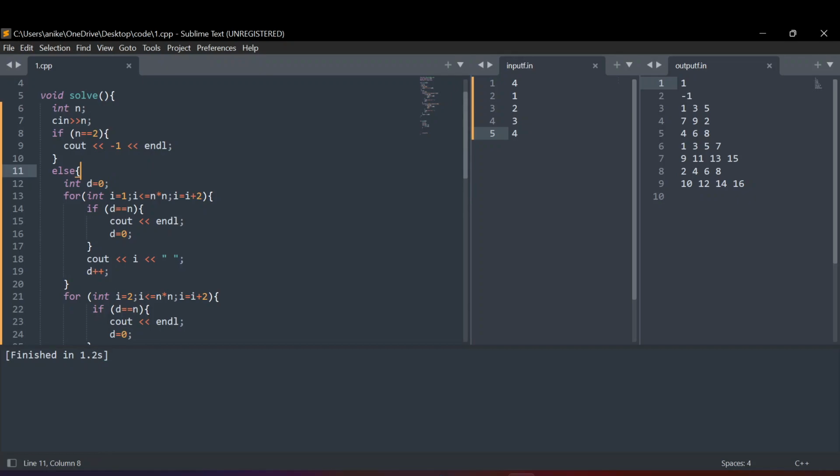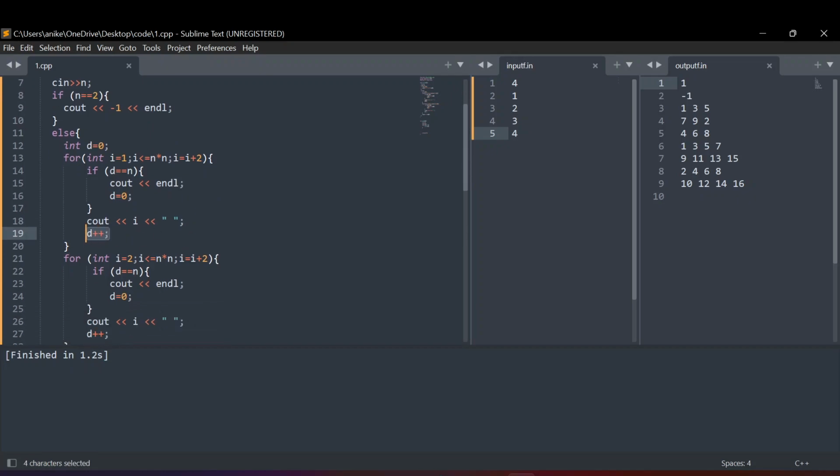So for int i equal to 1, i less than or equal to n square, i equal to i plus 2, and if d becomes n we have to enter a new line. So if d becomes equal to n, I'm printing a new line and making d again equal to 0, and I'm printing i, and after each iteration d is getting plus plus.